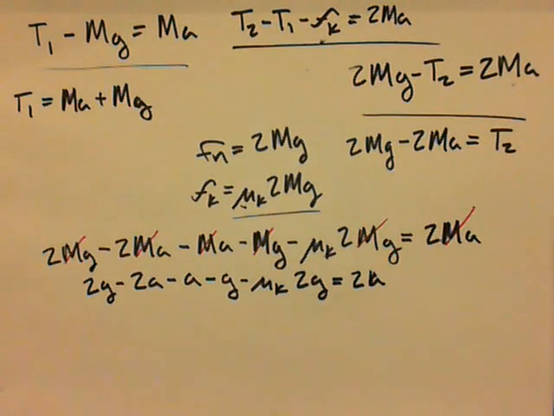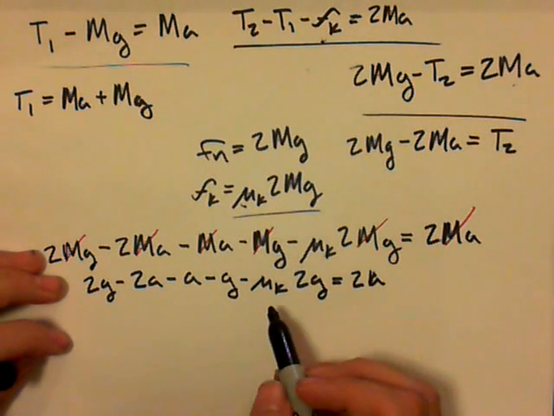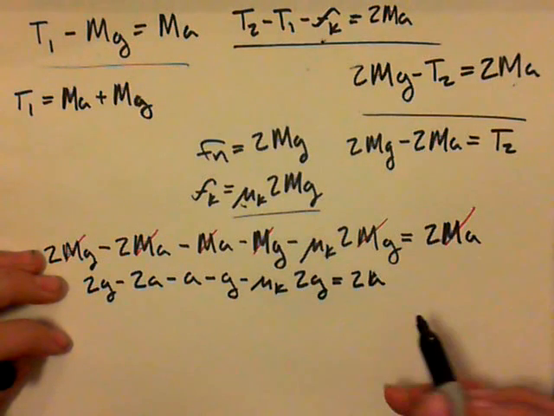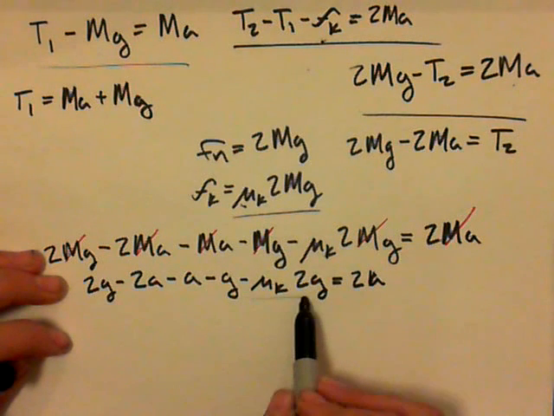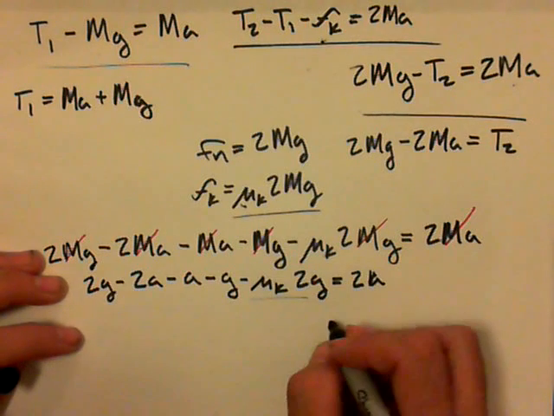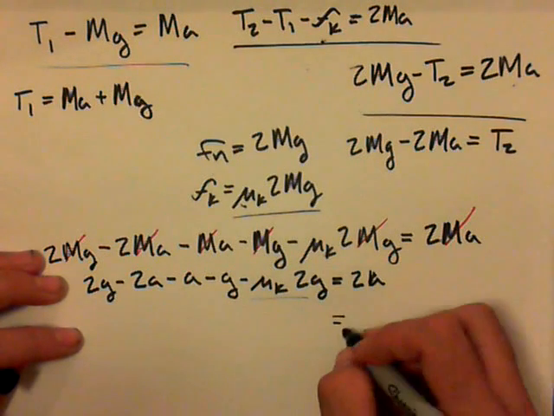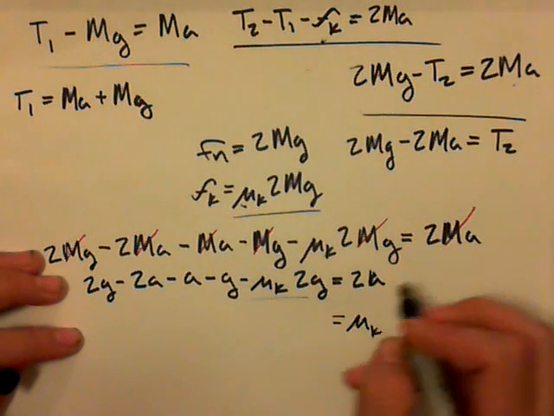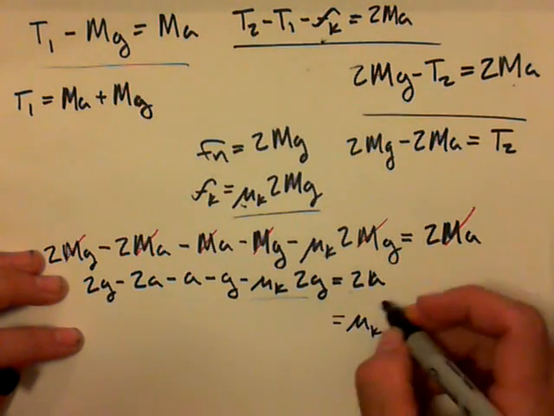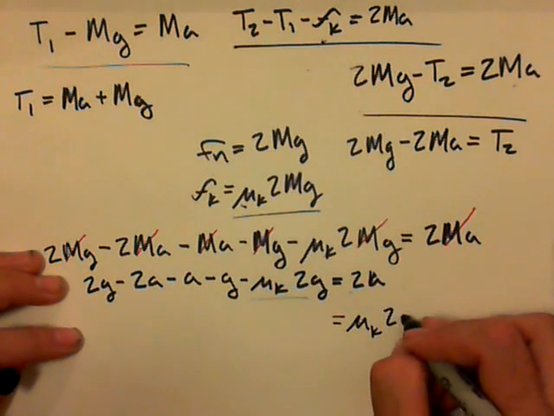So I can combine some of the stuff. First of all, I want to get our coefficient of friction onto the right side because that's what we're solving for. So now I'm gonna put 2g on there.